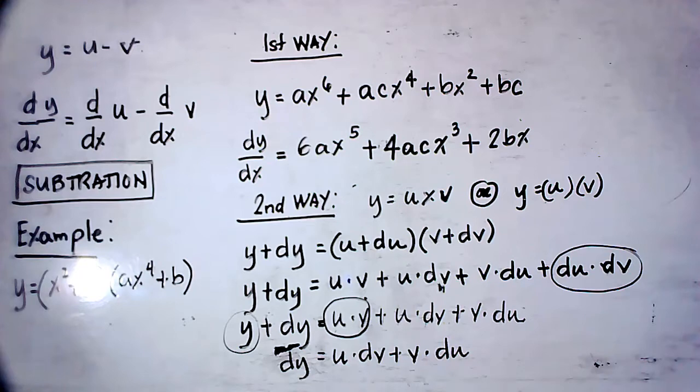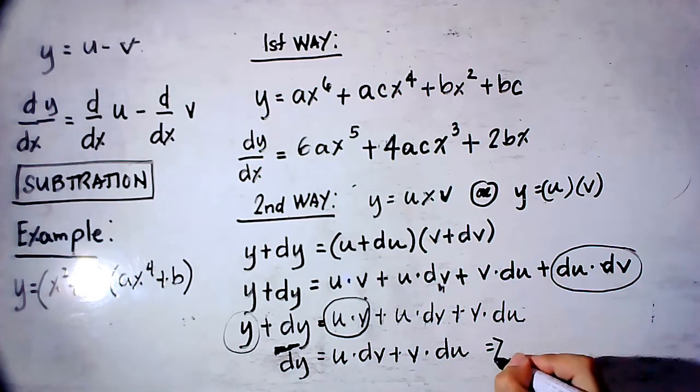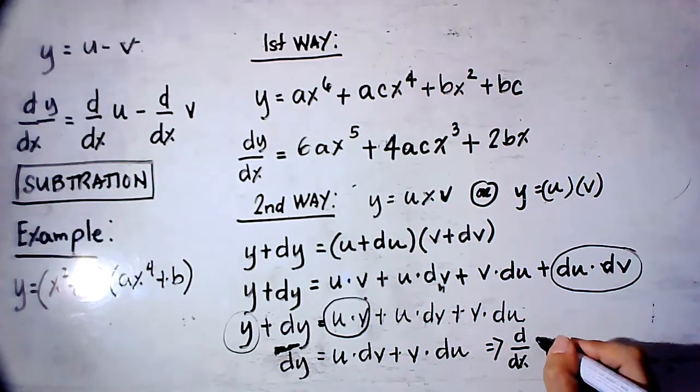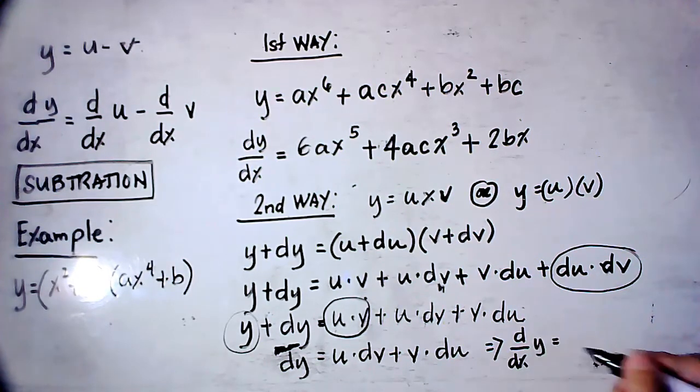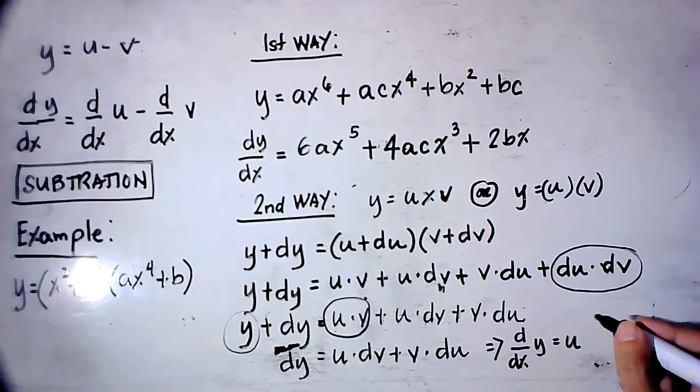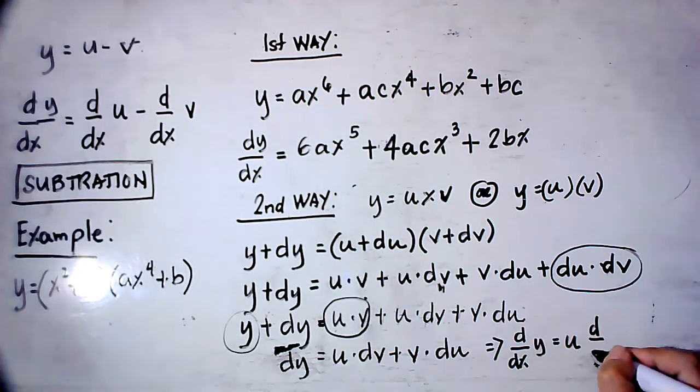And then if you are going to divide both sides of the equation with dx, then that would give us d dx of y is equals to u times d dx of v plus v times d dx of u.